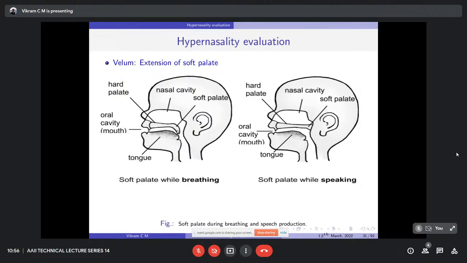In this soft palate, when we breathe, it acts as a wall here. Whenever we breathe, it opens our nose to our lungs, and the air passes through the nasal cavity, or the nose. When we speak, most of the time it should be closed here. This is the normal working of the soft palate.